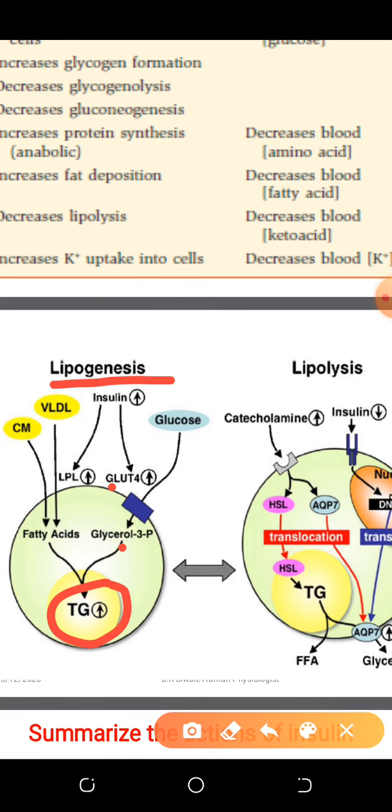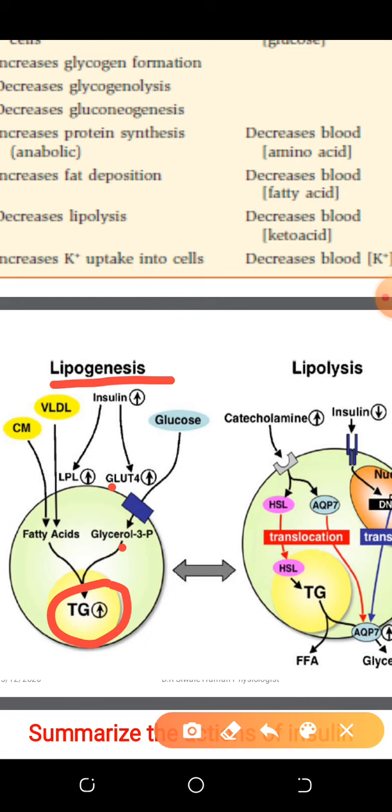Okay, so that's the mechanism by which insulin causes lipogenesis. It increases uptake of glucose into the cell, and once the glucose is inside the cell, it is converted to glycerol 3-phosphate. So it activates the enzymes that convert glycerol 3-phosphate.